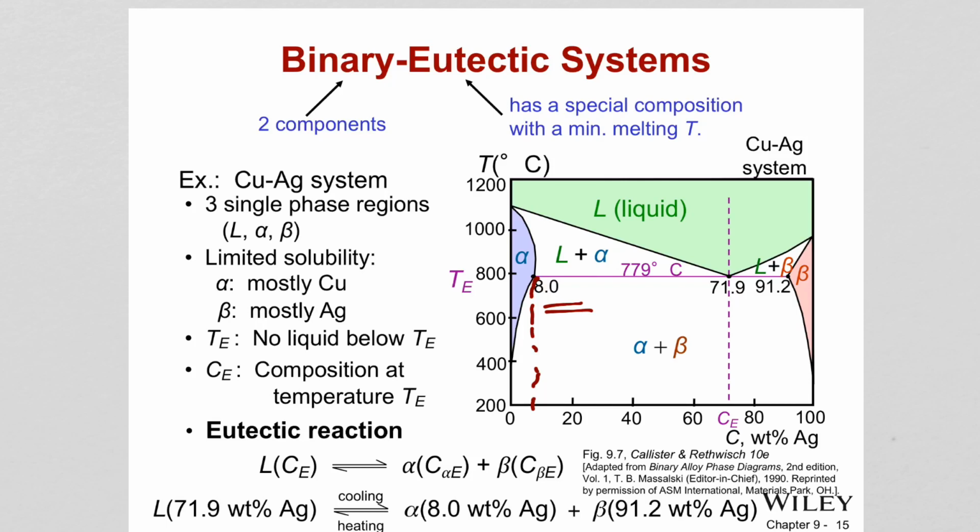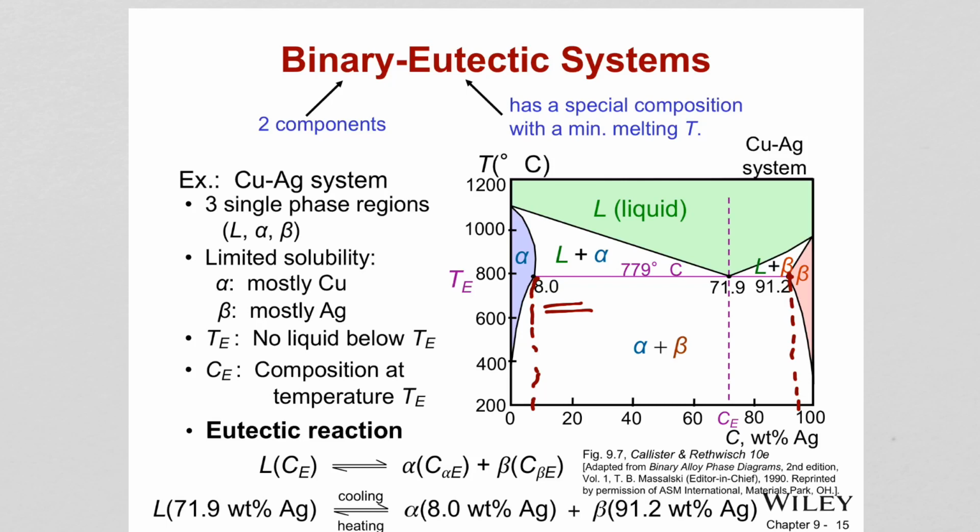So what about beta? If you are looking here, the maximum solubility of silver is actually very high. It can dissolve up to 95% or so, which means about 5% copper is soluble inside beta. So these are the solubility limits, the maximum element that we can dissolve in that system.